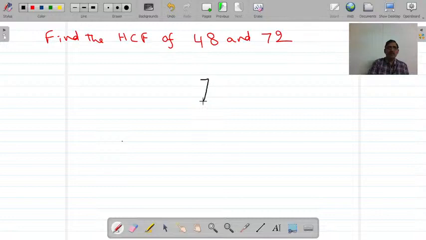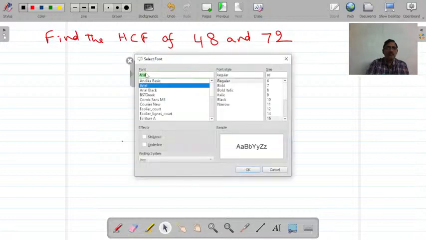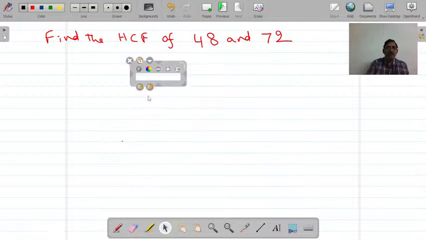You have to divide 72 with 48. 72 is equal to 48 into 1 plus 24.